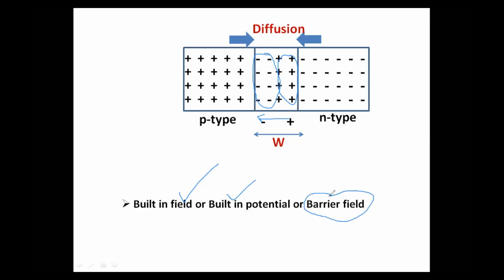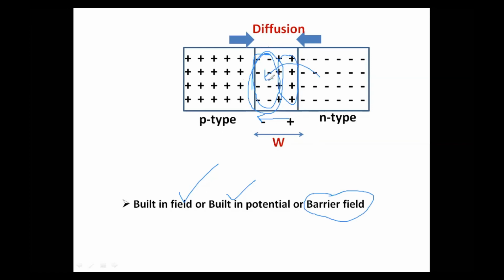What do you mean by barrier field? Let us try to understand. After forming this built-in field, the n region still has more electrons than the p region. So the electrons are trying to come towards the p region, but sufficient accumulation of electrons has already taken place because of diffusion.